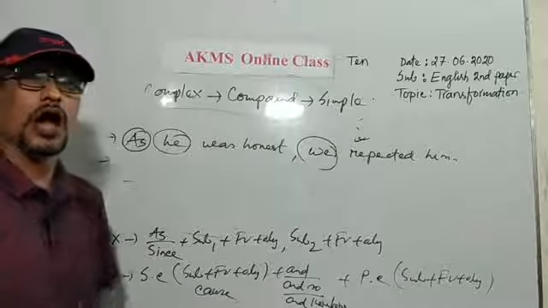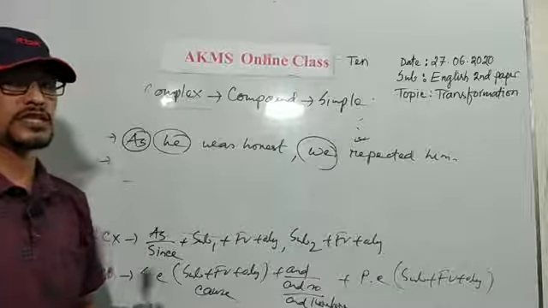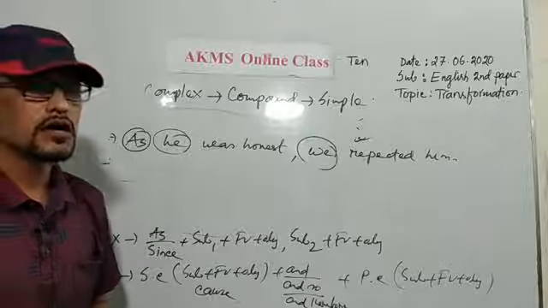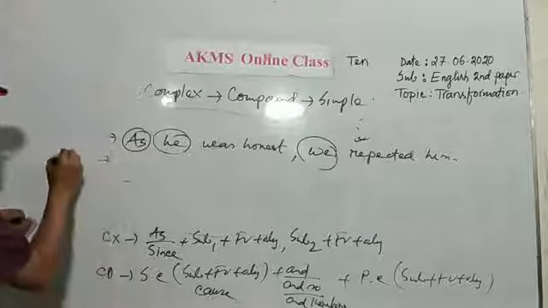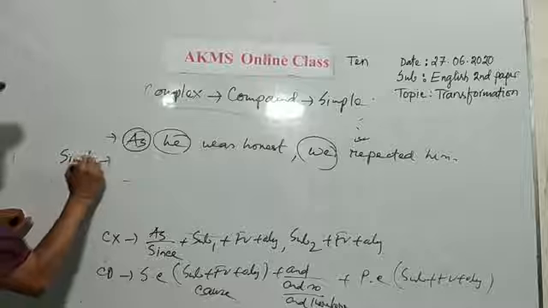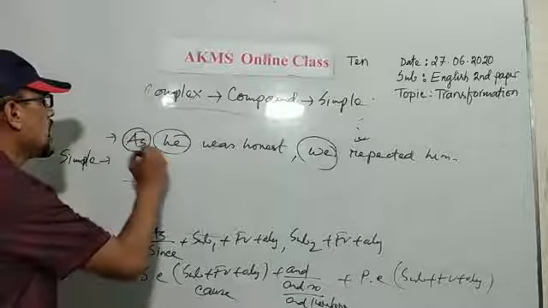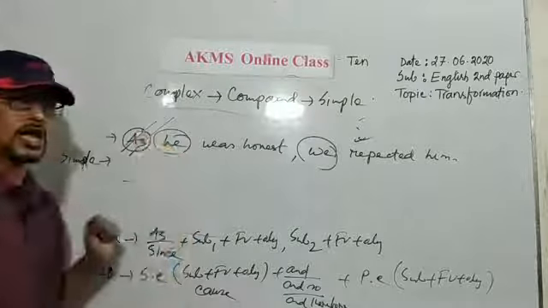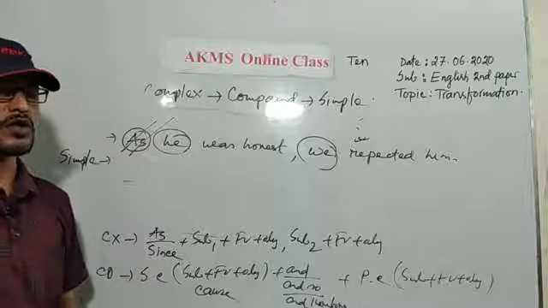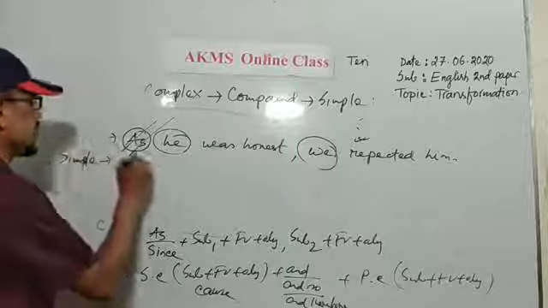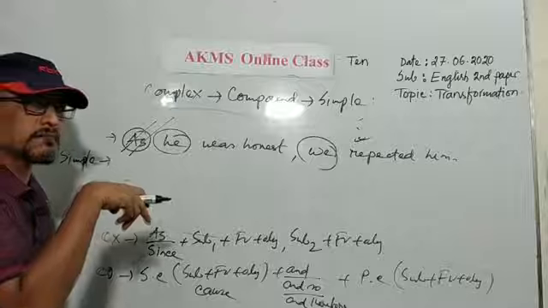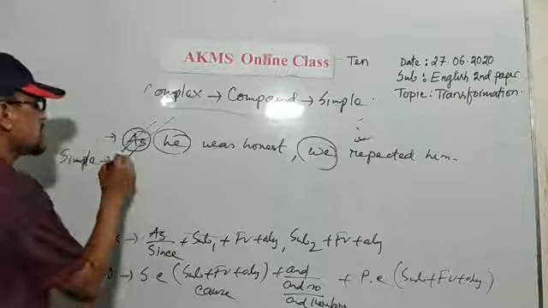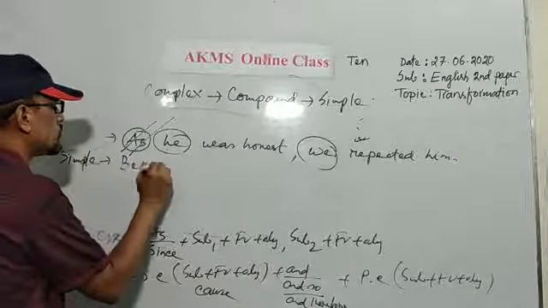Now, how can you transform it into a simple sentence? Dear students, look at the board very carefully. I will erase the connector. I will erase the conjunction. And at the place of as, I can use because of.